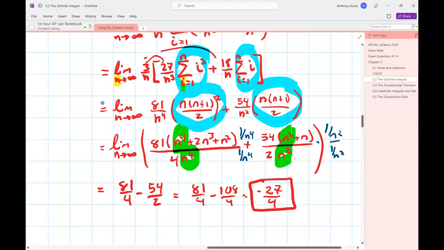You could do L'Hopital a bunch of times too if you want. That's fine. You can just look at it like I did, and I'm like, okay, leading coefficients, polynomial over polynomial, if the leading coefficients are the same, it's just leading coefficient over leading coefficient. Whatever way you're thinking about that is okay.